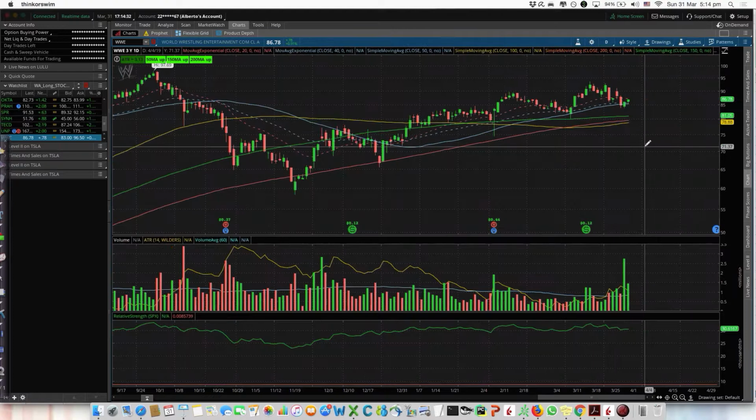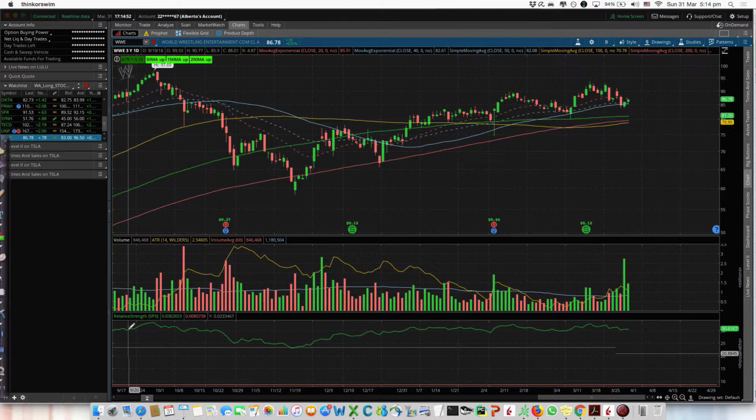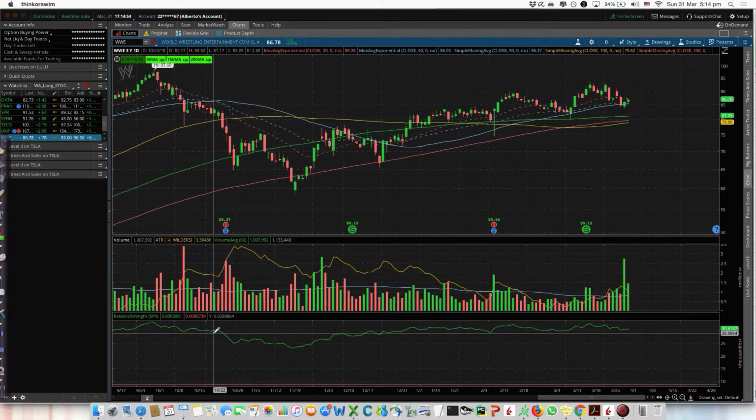Does it mean that the price will definitely go up? No, we don't know. But we can place an order because we have a lot of indications that the price may go up. But that's not all. I also look at some other things. Number one, you see this relative strength indicator that I presented in a previous video.